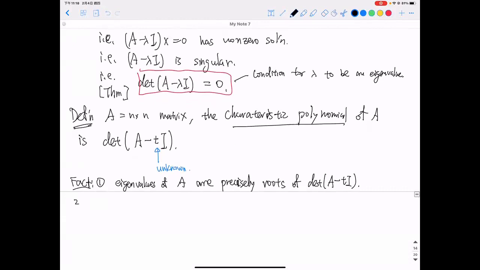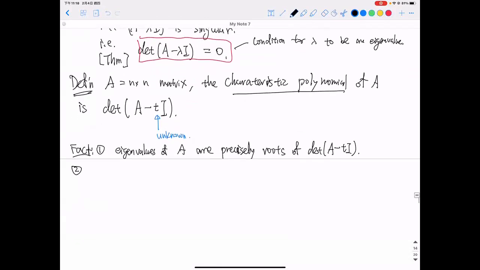Now, the second fact is the following. We're taking the determinant of the matrix A minus T I, and let's look at this a little bit more carefully.